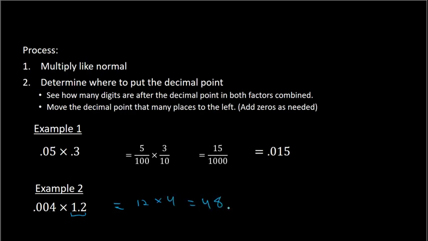The decimal point is going to start here, but then we have to move it 3 places because of the 3 digits after the decimal point, plus a 4th place because of this other digit after the point. So we must move it 4 places to the left. Moving it 1, 2, that takes it right in front of the 4, but we need to move 2 places more, which means we have to add 2 zeros in the front. So our solution would be 0.0048.